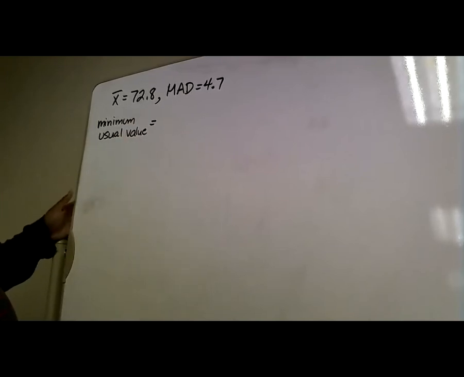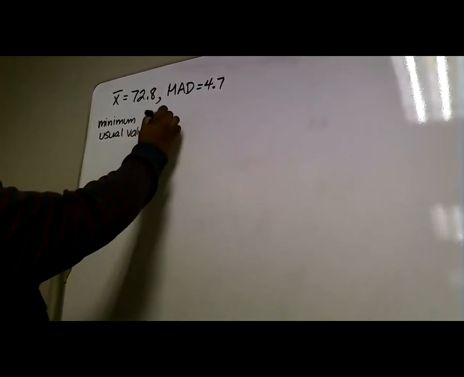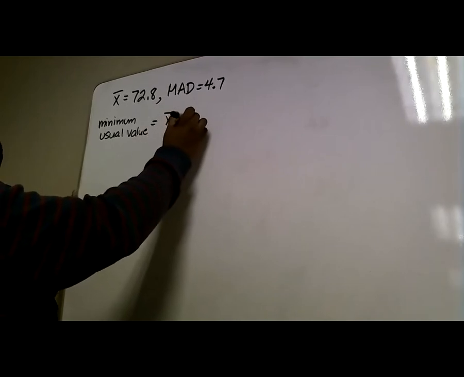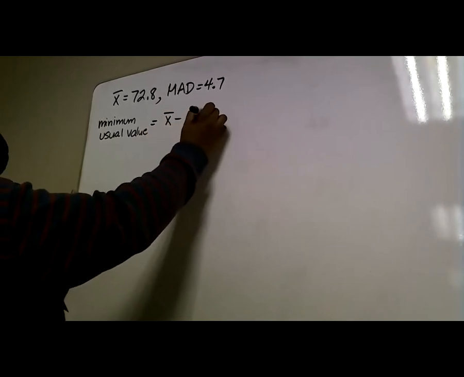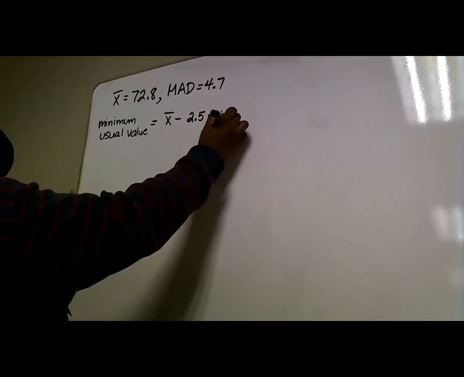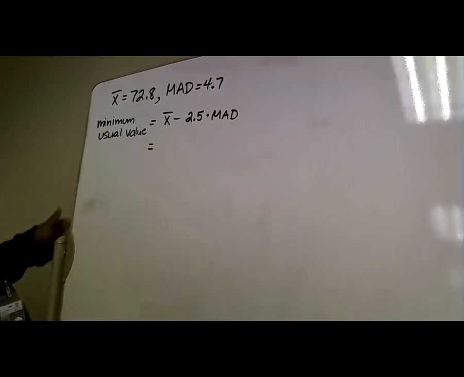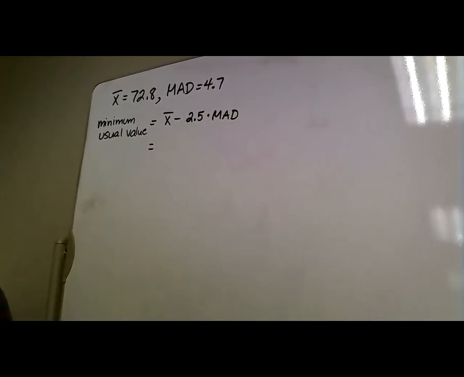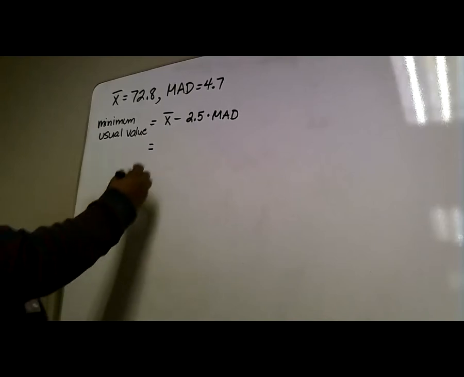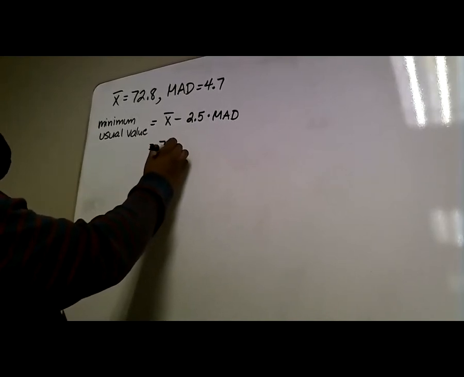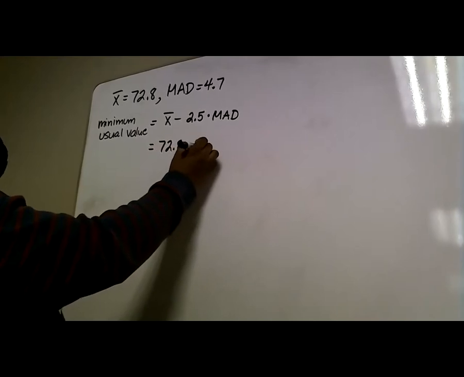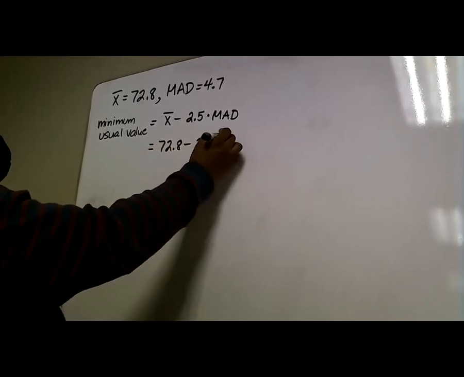And of course, to find the minimum usual value, that's going to be the mean minus 2.5 times the mean absolute deviation. So basically, the mean there is 72.8 minus 2.5 times the mean absolute deviation.